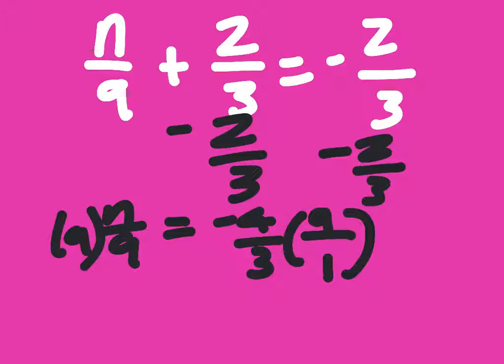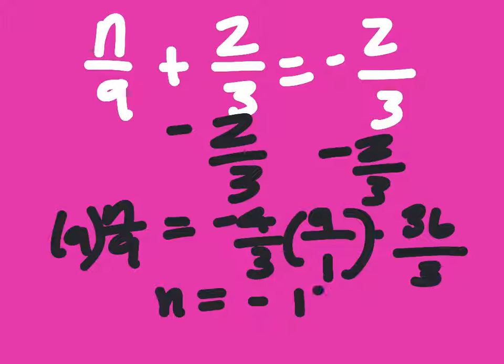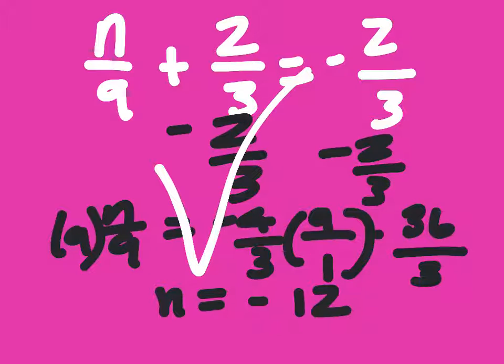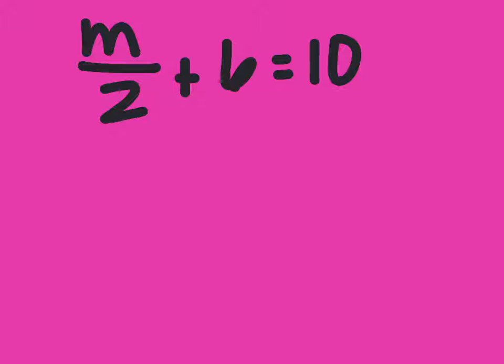So now the answer becomes negative 36 over 3, and n equals negative 12 because 36 divided by 3 is negative 12. We put it back in. Negative 12 over 9 plus 2 over 3 equals negative 2 over 3. Is that right? If we check it, yep, it is. Go ahead and try this one on your own, and when you're ready to check, unpause the video.